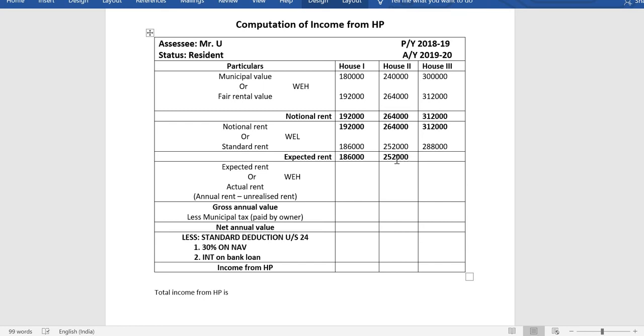And in house 3, 2,88,000 is the lesser value. For this, we call it expected rent. Now next, expected rent or actual rent, whichever is high. So I just copy the expected rent amount, because it is the same. You just write the same amount.